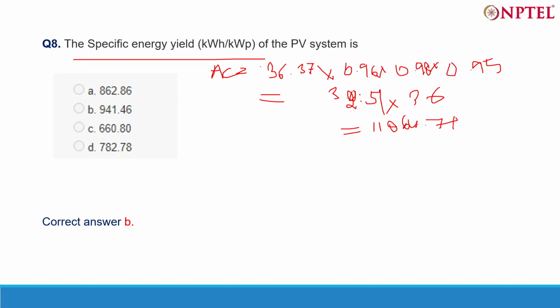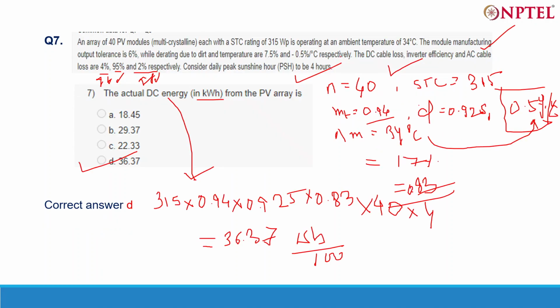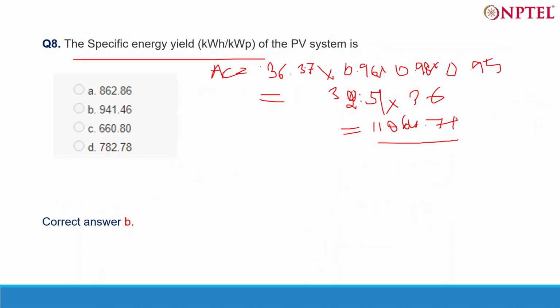Okay, and divide it by the number of hours of operation, that is 4 hours, for determining the specific energy yield. So 11864 divided by 4, something like 2966, it's coming 2966.18. So I think I must have made some calculation mistake.